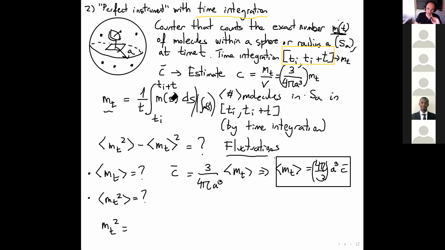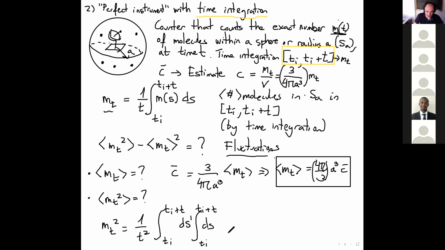I've seen some people who make mistakes in this thing, which is in principle simple. So the way we do this is the following: 1 over t squared. Okay, this is obvious, this is a prefactor. And then you have these integrals, from ti to ti plus t ds prime, integral ds from ti to ti plus t, and then you have ms prime.